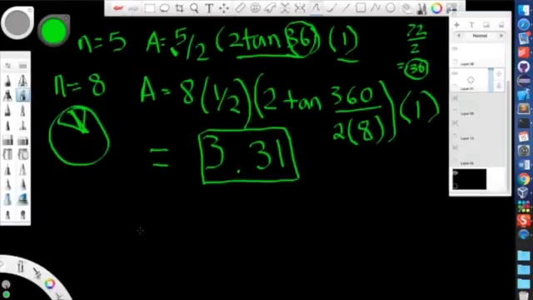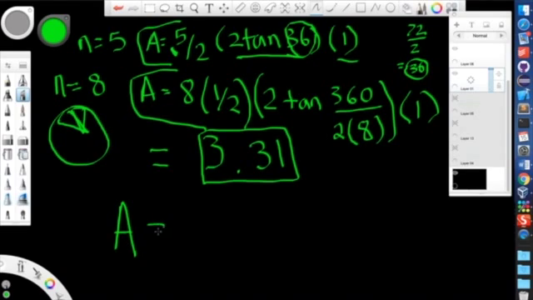So we can gather from this equation here and this equation that there is a formula going on. That formula is A equals, well, normally it would be 1/2, but we're going to put n over 2, since it's the number of sides in the triangle we're looking for over 2.